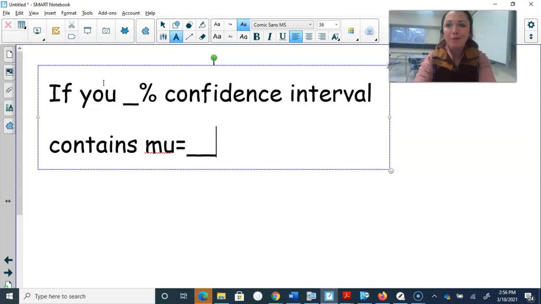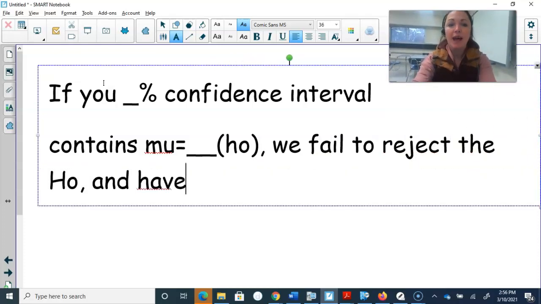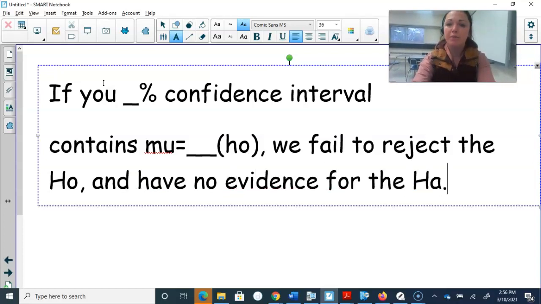contains whatever mu equals, okay, and this is from your null hypothesis, we fail to reject the null hypothesis and have no evidence for the alternative, okay?